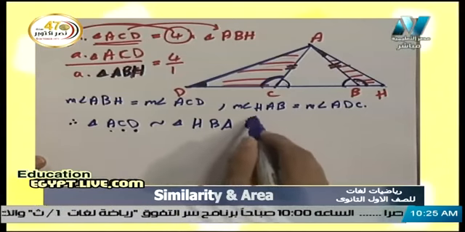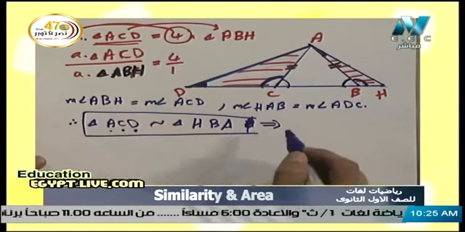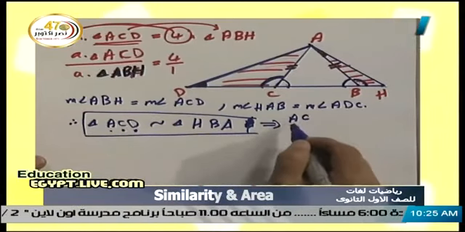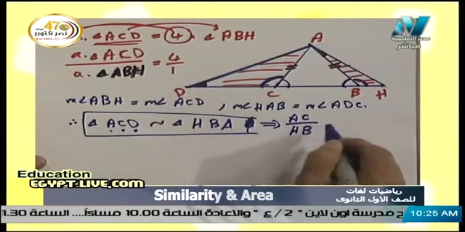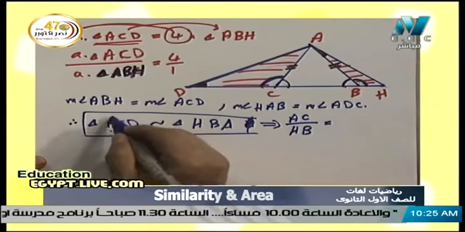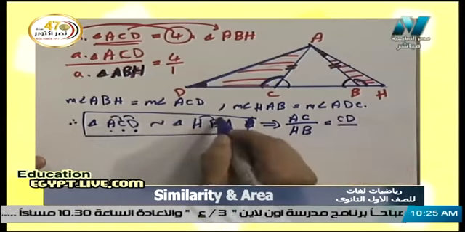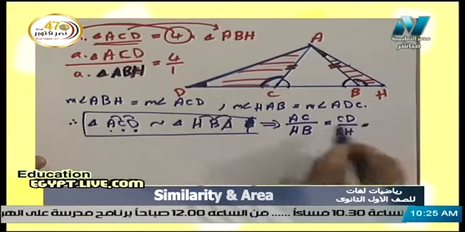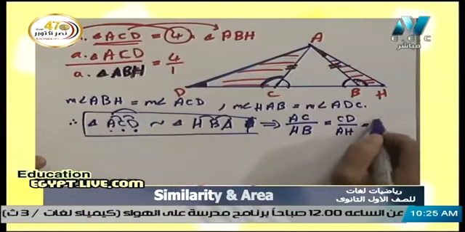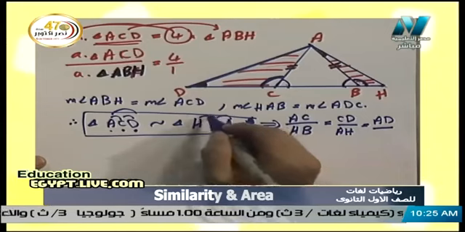And from this similarity, we will deduce that AC over HB equals CD over HA, equals AD over HA.